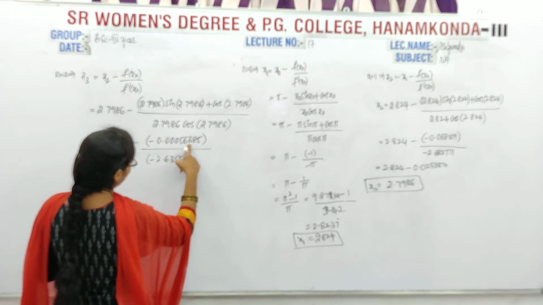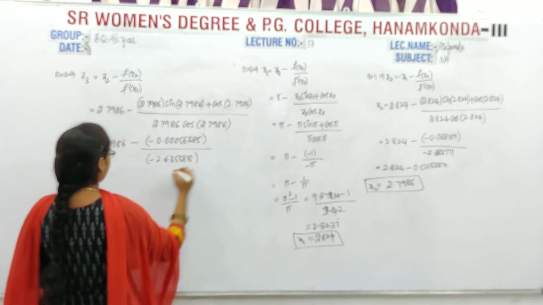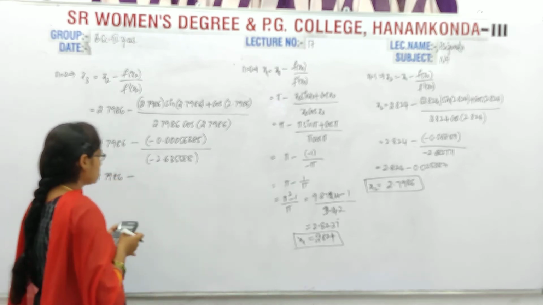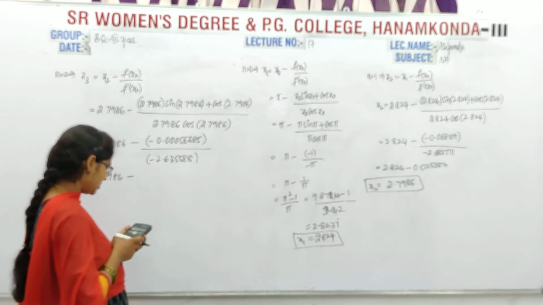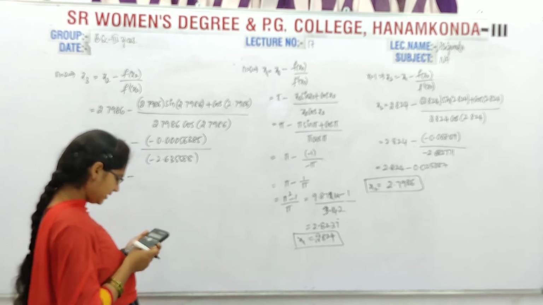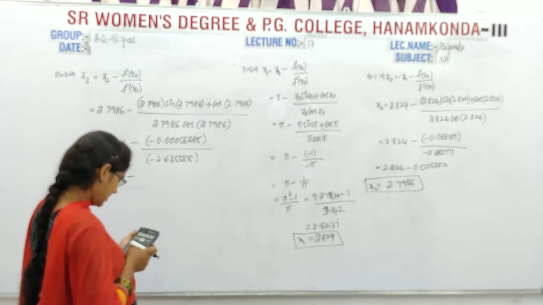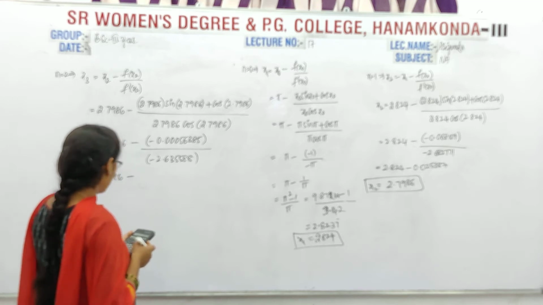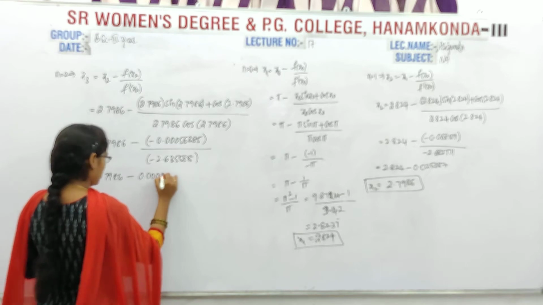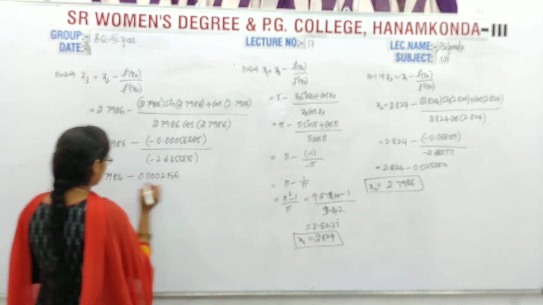Of course here I took too many digits. No need to take all those. Of course if you want then you can take up to 4 digits also. There is no problem. Now 0.0005685 divided by 2.635588. So now it is nothing but 0.0002156 I have, so I am taking up to 56.